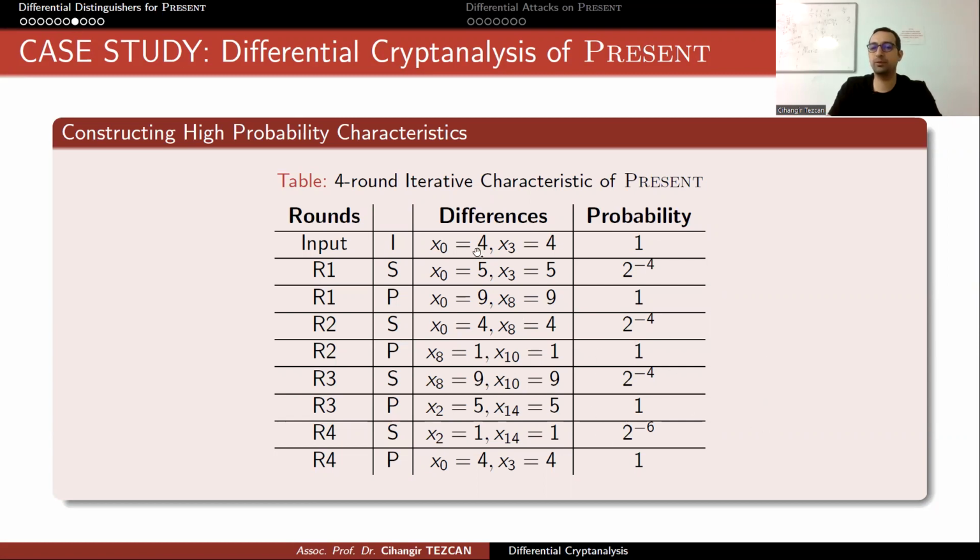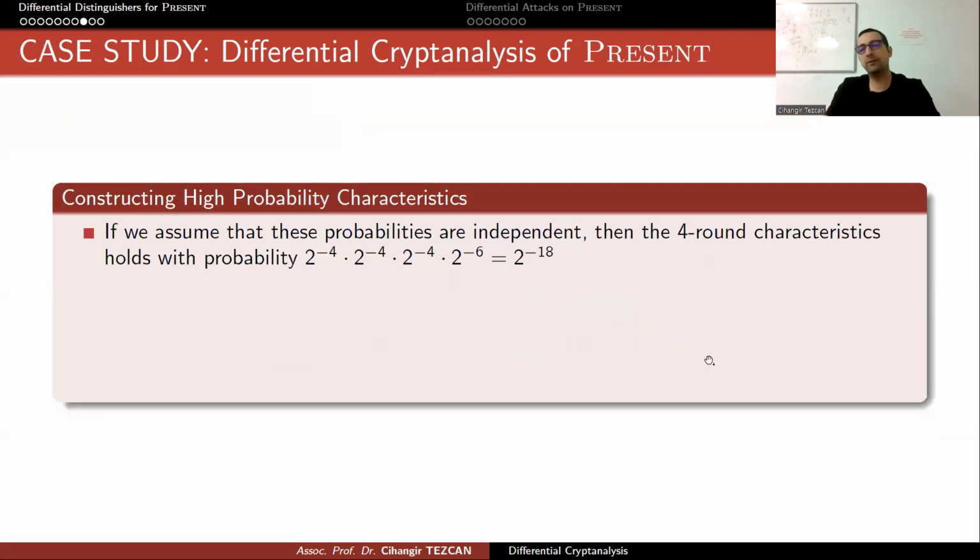But once we give the input, some operations are applied, so you can no longer say that at the second round the inputs are random. Actually, they are not random. They are affected by the previous operations. But we assume that they are independent. So if we assume that these probabilities are independent, then the 4-round characteristic holds with probability of the multiplication of all of the round probabilities, which is 2 to the minus 18.